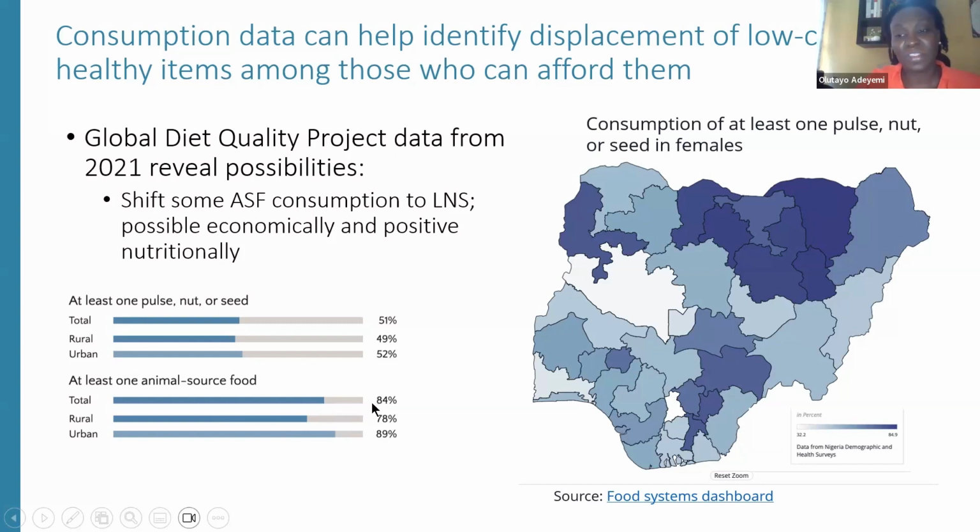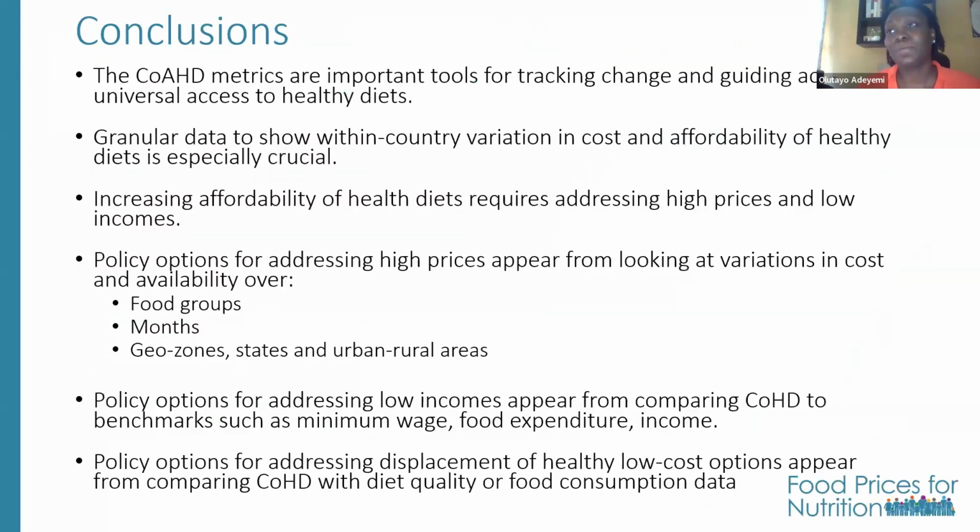So the magnitude of difference is a lot. And so when we look at this data, it tells us that people can actually improve their diet quality by reducing their consumption of animal source foods to within the recommendation and shifting the amount of money they would have spent on animal source foods to legumes, nuts, and seeds.